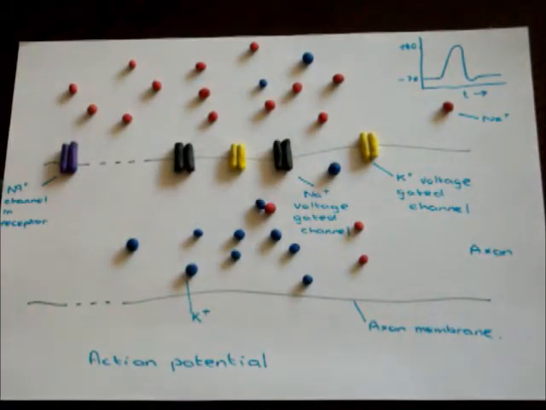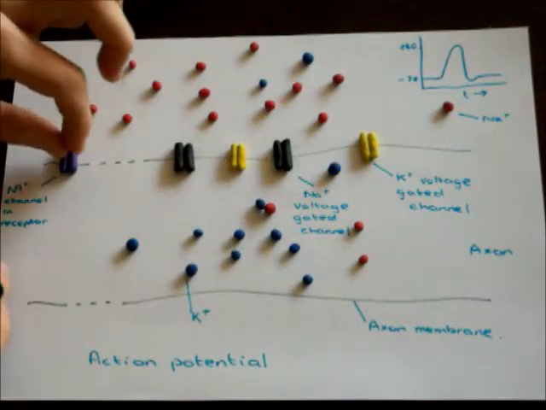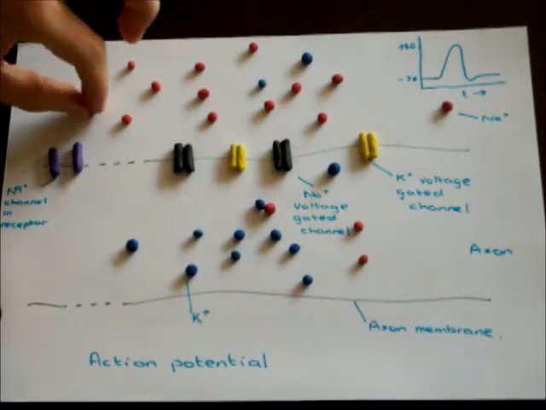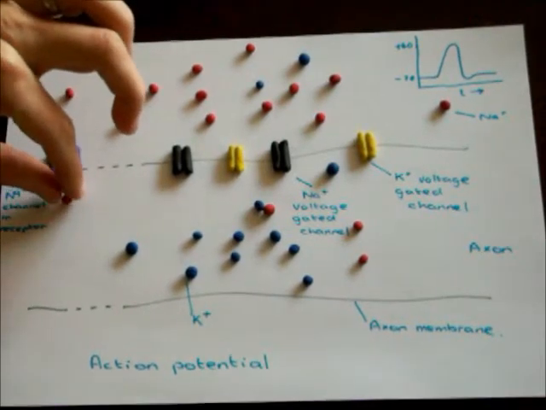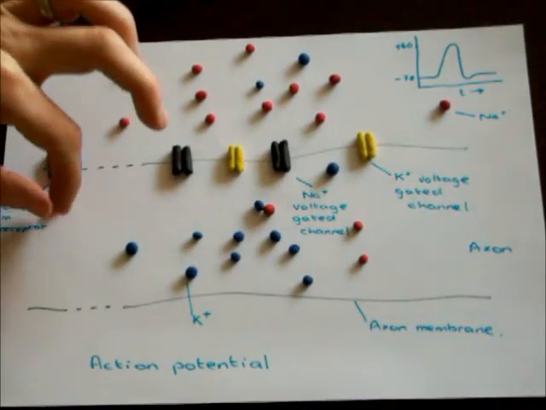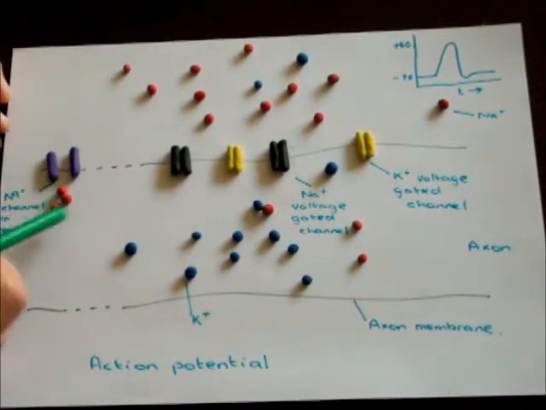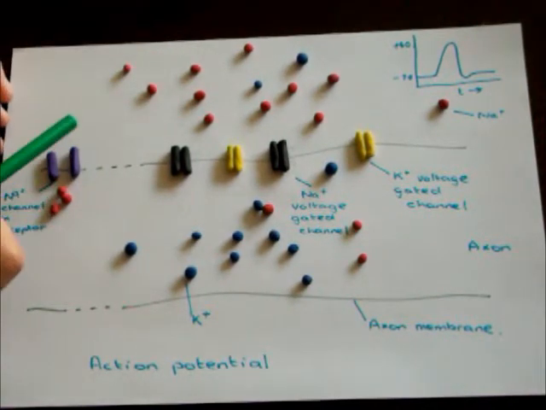What happens is, in the receptor, either a physical or a chemical change opens the sodium gates, and sodium diffuses down its concentration gradient into the axon, and this effectively reverses the charges, so it becomes more positive inside the axon than outside.